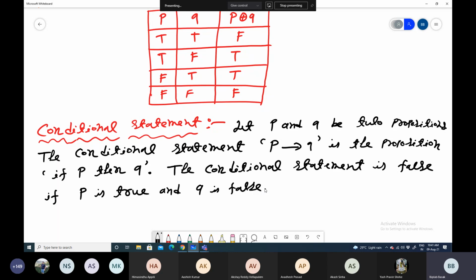Why? The conditional statement is P implies Q, right? If P, then Q. Now, suppose P is true, then you have a true statement. That means if P is a true statement, then Q should be true. But here Q is false. So therefore the conditional statement is false. Okay, and by the definition, it is true otherwise.